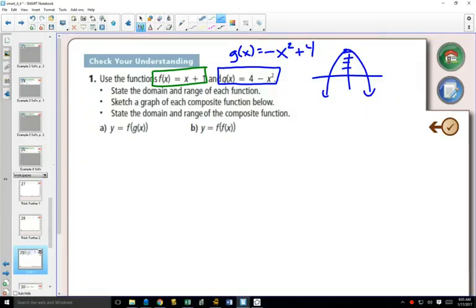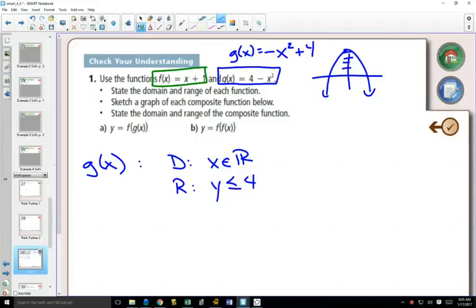So for g of x, our domain is everything, and our range is y is less than or equal to 4. And a quick sketch of f of x.